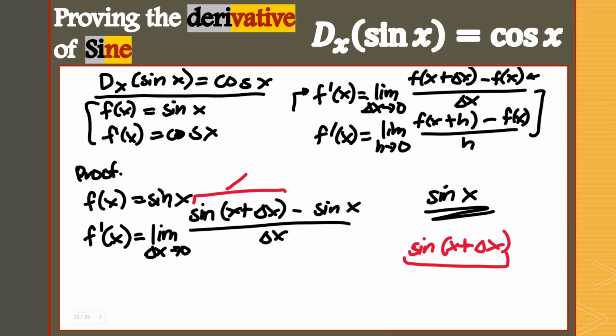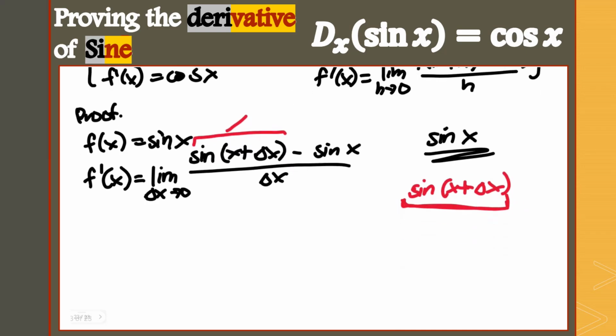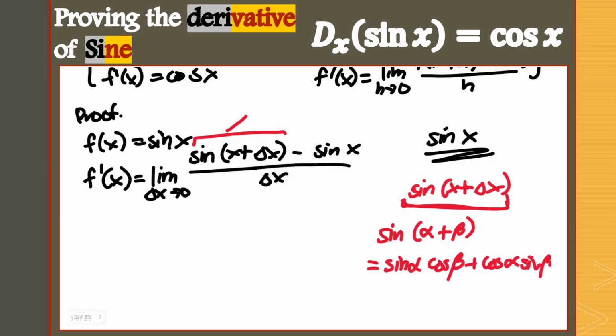Now, this is actually considered as one of the sum formulas for trigonometric functions. Please do review that. Given that if we have the sum alpha plus beta, the sine of it gives us sine alpha times cosine beta plus cosine alpha sine beta. This is its identity in our topic for the trigonometric identities.